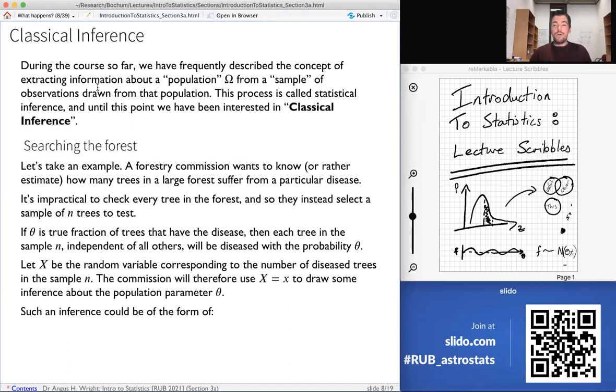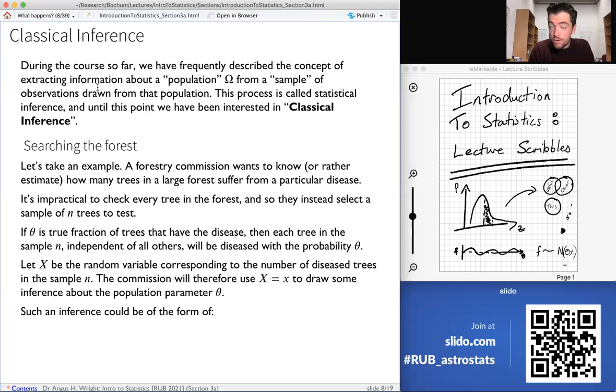So to start, we're going to draw a distinction between classical inference and Bayesian inference, classical statistics and Bayesian statistics. Now, we've not used the term classical statistics and classical inference so far, but when I start going through this, you'll realize that this is actually what we've essentially been talking about all along in this course.